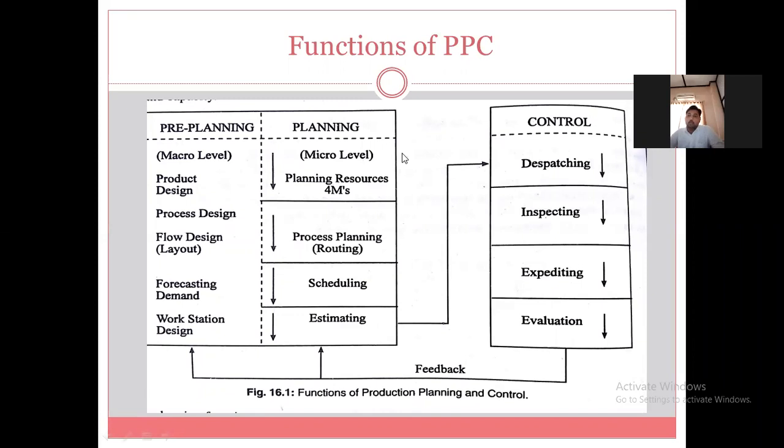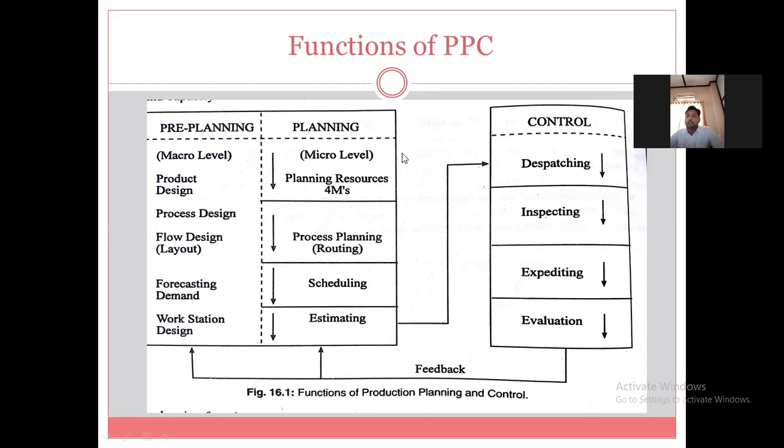And what decision you need to take is standardization of material, or decision related to the standard material, then decision related to the quality. That is related to standardization only.